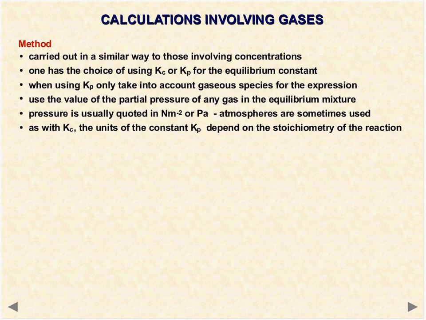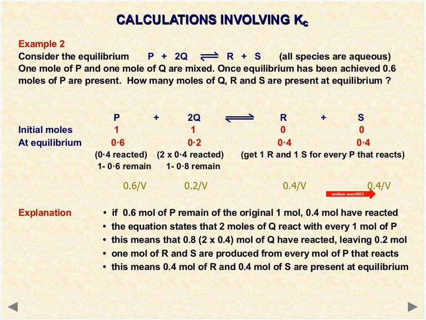Then we'll have to write the expression for Kc. Now first I will write the general expression for Kc. So Kc is equal to R, which is raised to the power 1, because there is only 1 there, then S raised to the power 1, divided by P raised to the power 1, and Q, which is raised to the power 2.